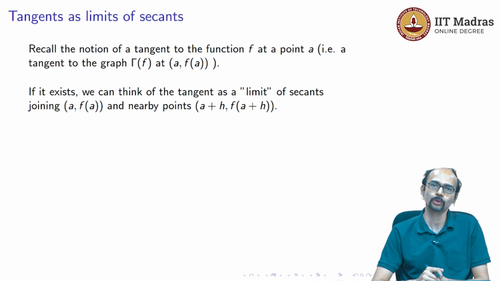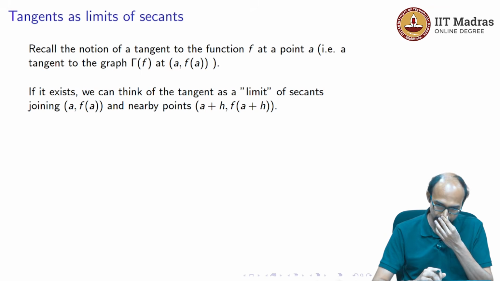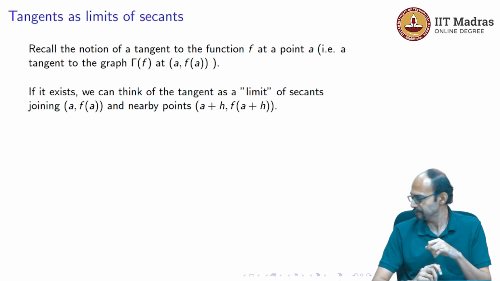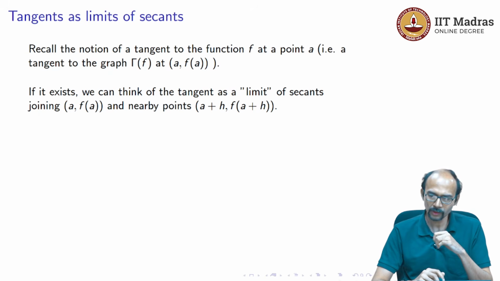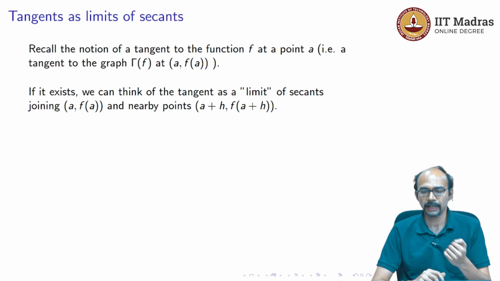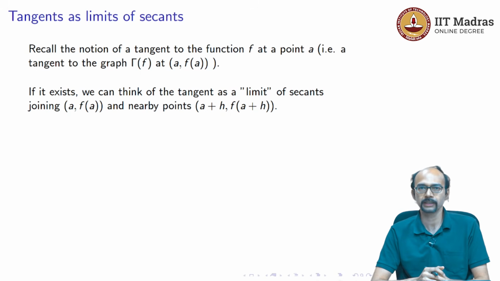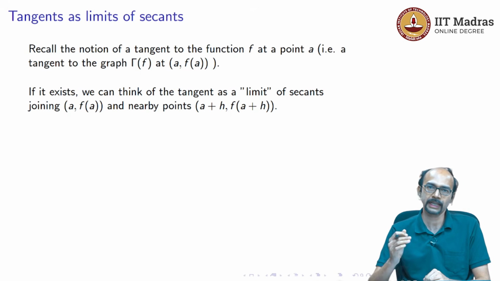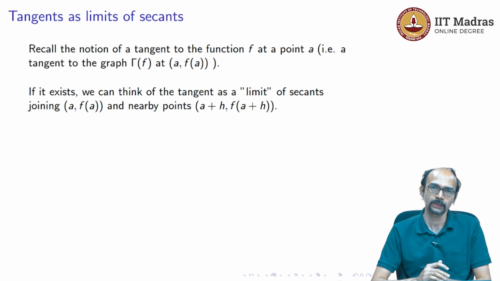So, in this case you have your graph, you take 2 points on the graph and you join them, and that is a secant. Here the suggestion is that you take the point a comma f of a and a nearby point a plus h comma f of a plus h, and you join these 2 points, and the line that you get is a secant. Then you allow your h to come closer and closer to 0. So, your secant will slowly, it is hoped, move to the tangent.